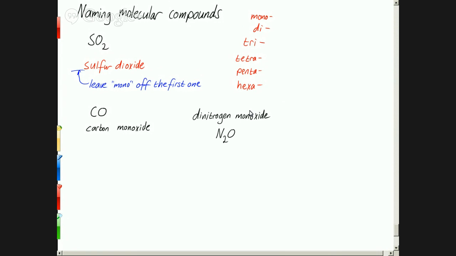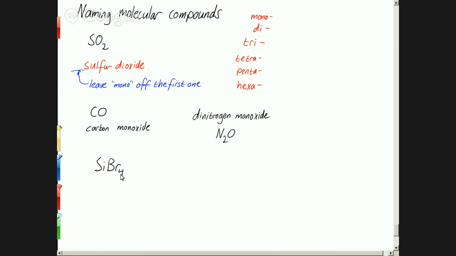So technically, systematically, we would call that dinitrogen monoxide, or just dinitrogen oxide because there aren't any other ones. All right, how about this one? How would you name this one? What's the first one called?